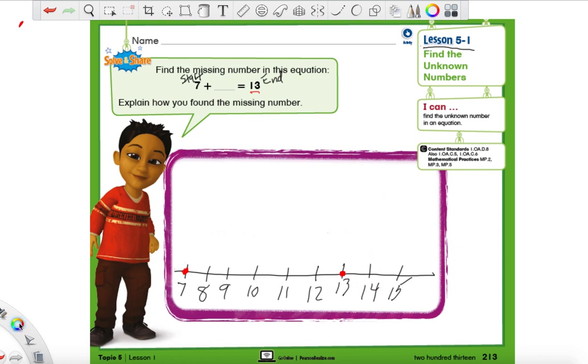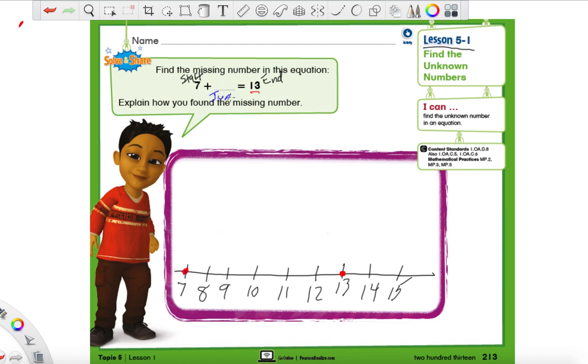Now we're only going to move one of these fingers, or in my case, one of these dots. I like to move from the smallest to the biggest, and if you would like, you can only move that finger too. So you're going to keep your finger on the 13, and we're going to use our finger that's on the 7 to jump. Let's figure out our jump number that's right here in the middle. This is the one that we're missing, right?